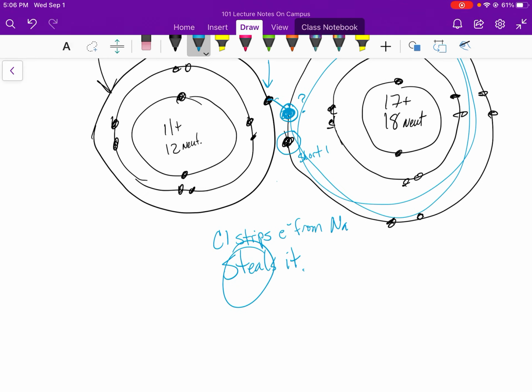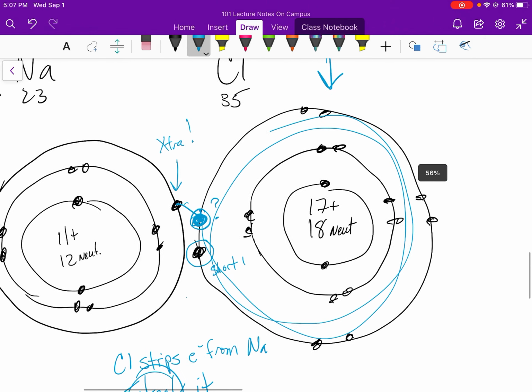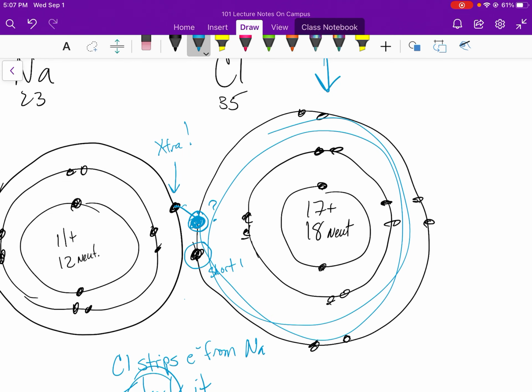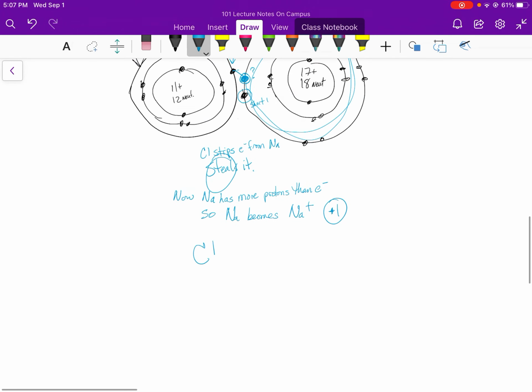As a result of this taking of that electron, now sodium has more protons than electrons. So sodium becomes an ion, which we call sodium plus, and it has a positive charge of 1. Okay, and we look at the chlorine now has more electrons than it does protons. It's got 18 electrons, so chlorine has a negative charge.